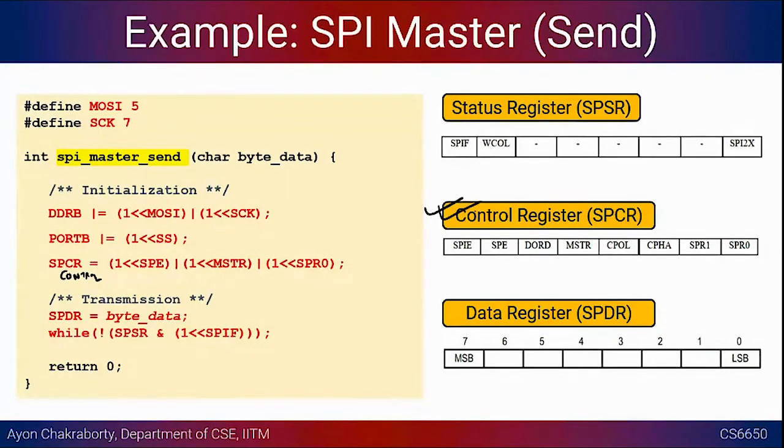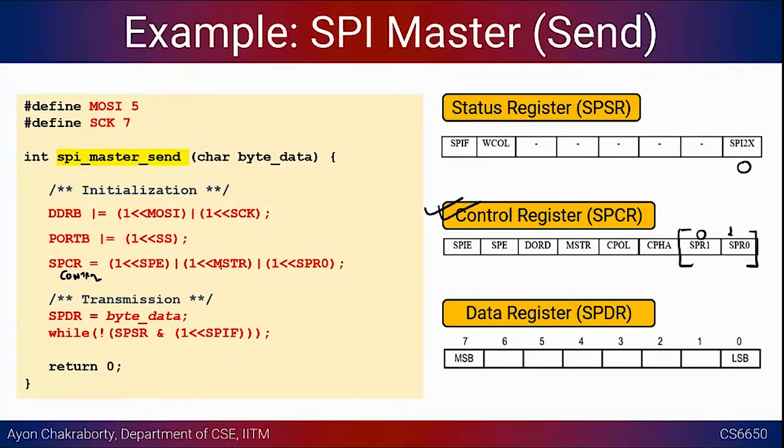Here, there are three things we have to do. One is selecting the prescaler. In this case, we are just using SPR0 set to 1, and the rest is left as 0, so we have not touched those other bits, but we are just changing the value here.